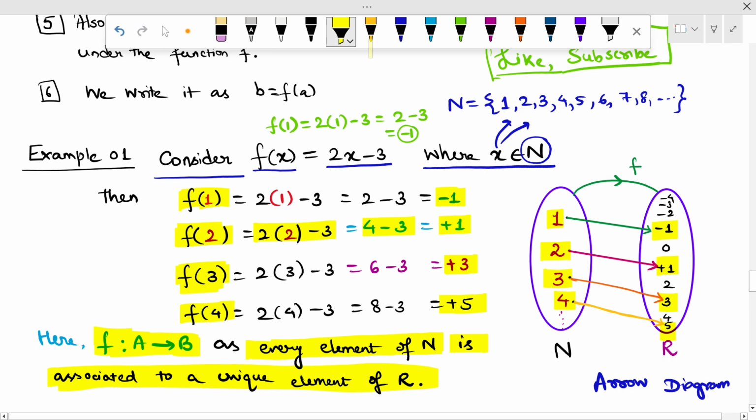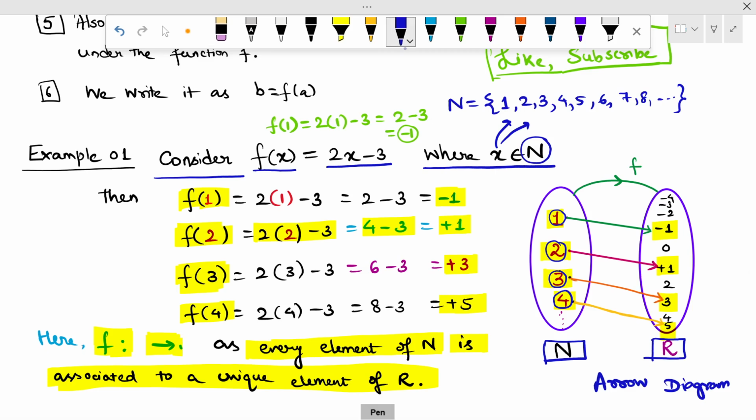So by the definition of a function, every element of the first set has a unique element in the second set. Here the first set was the set of natural numbers and the second set was the set of real numbers. So f is a function from the set of natural numbers N to R as every element of N is associated to a unique element of R. This is clear to all of you, right?